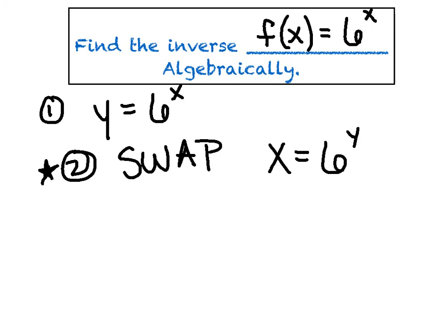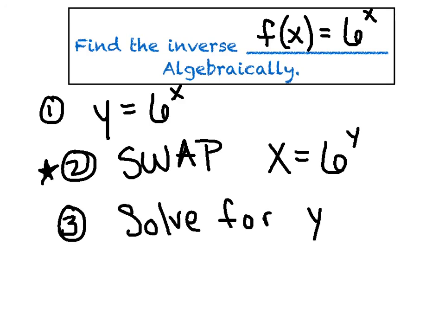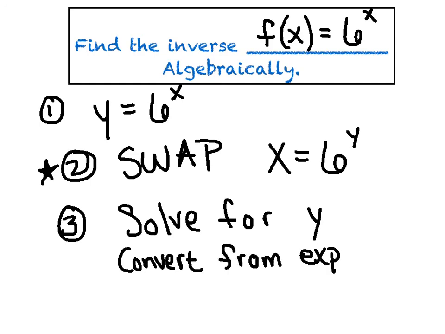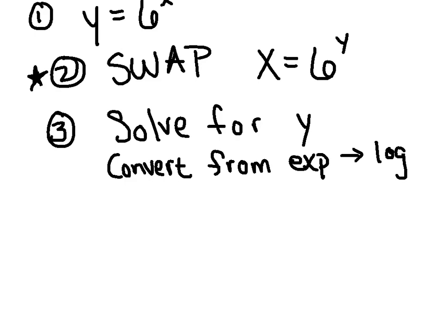Okay. Step number 3 says we're now going to try to solve for y. And in this particular example, I'm in exponential form right now, so I'm going to convert it from exponential into logarithmic form. I don't know if you recall, our big point of emphasis was that logs are always equal to what used to be the exponent.